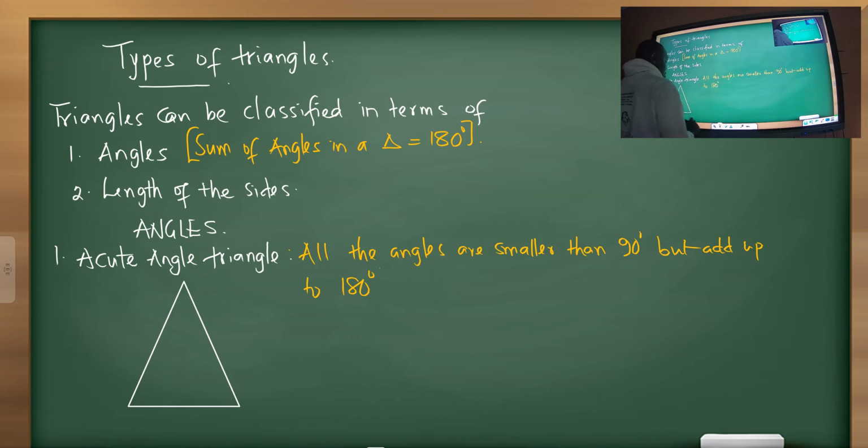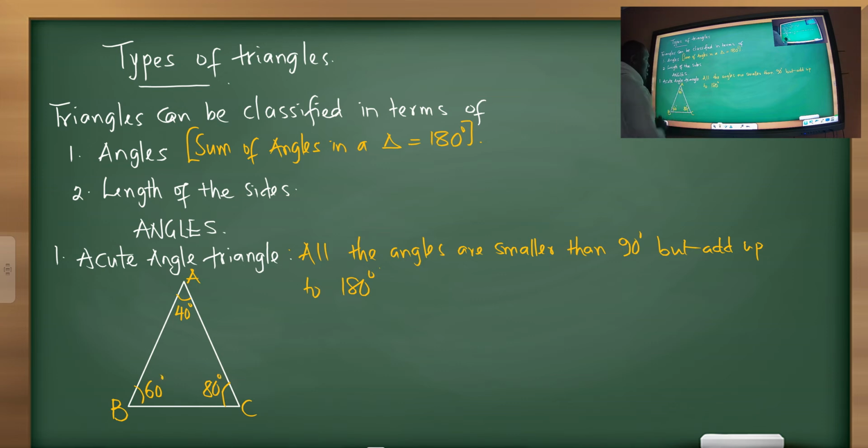So if I have this, let's label this A, B, and C. I could then have this as 60, and this as 80. So 60 plus 80 is 140, so this must then be 40 degrees.